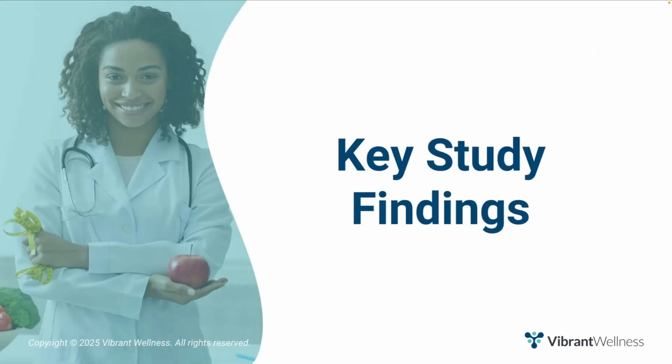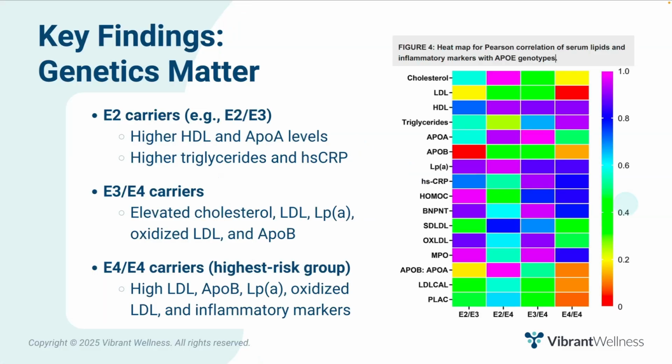The results of the study were striking. E2 carriers like E2-E3 had higher HDL and ApoA levels, suggesting a protective effect. But they also had higher triglycerides and hsCRP, showing that risk is complex. E3-E4 carriers showed elevated cholesterol, LDL, Lp(a), oxidized LDL, and ApoB, a profile strongly linked with atherosclerosis and inflammation.